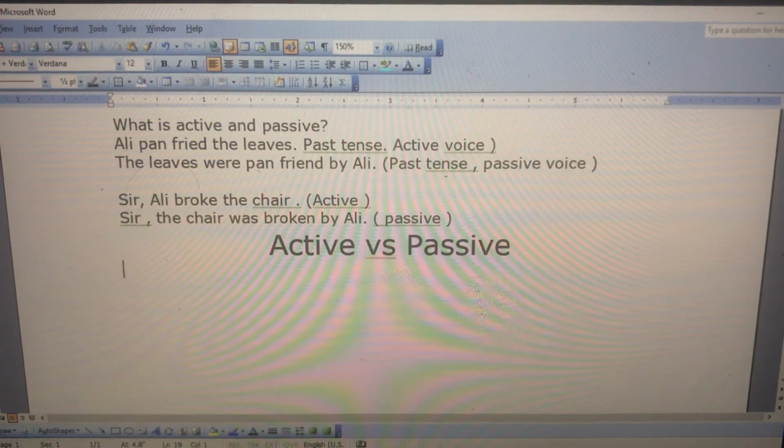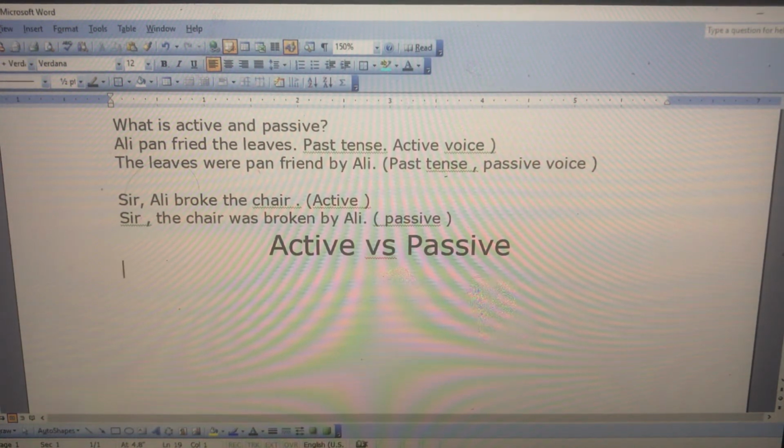We say active student, we say active participant. He is a very active guy. He is a very active teacher. He is a very active director. He is a very active participant. What is the meaning of active? Active means a person who performs the actions very quickly.